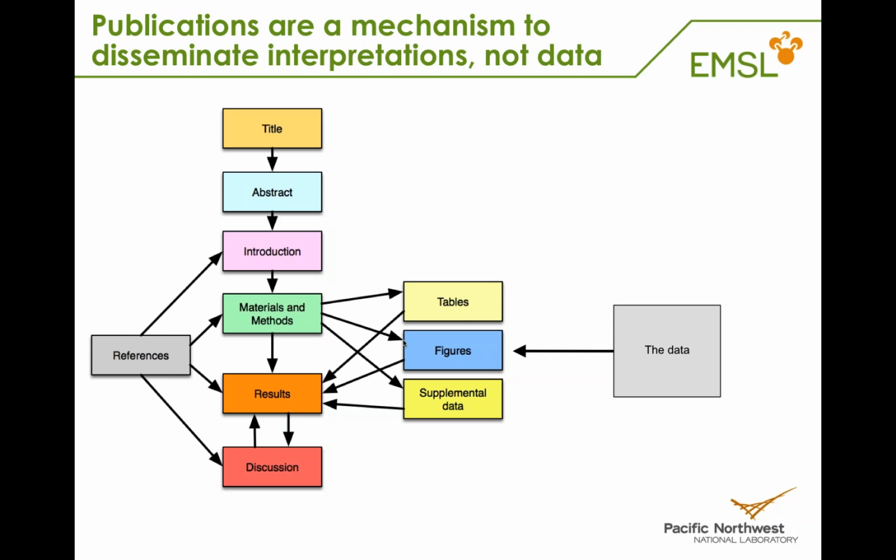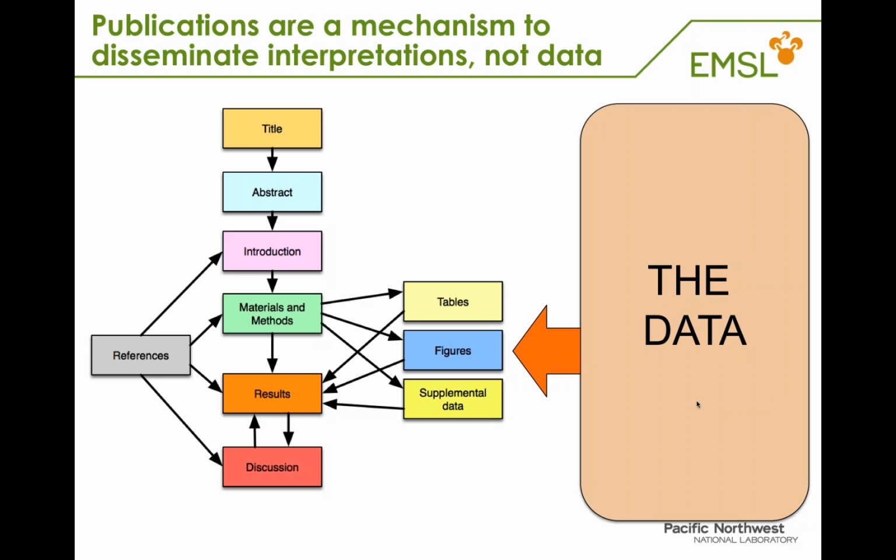Now, what's happened in the meantime is instead of having a little bit of data, now we have a lot of data. And so now the publications that we're submitting these days have less and less of what we've actually done. So much so that in the last couple of papers that we did, we only talked about one very small fraction of one very small issue that we had actually found in all the data that we generated.